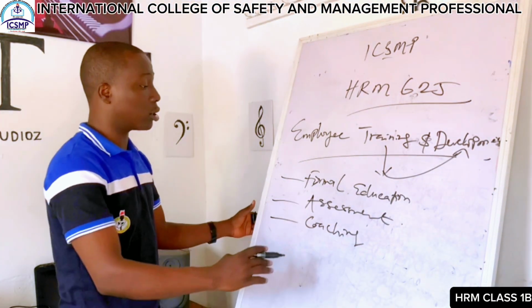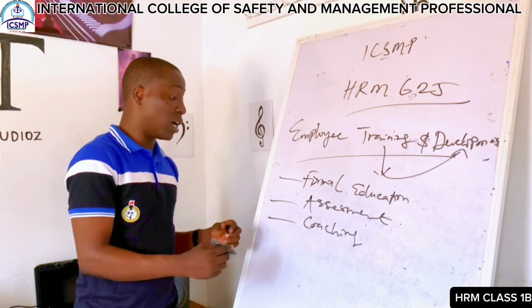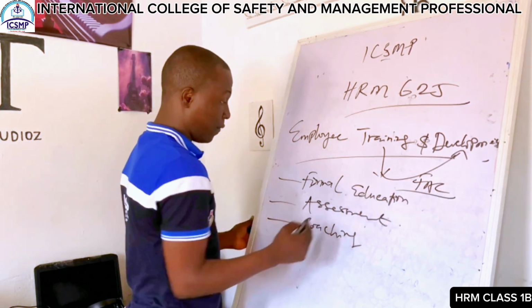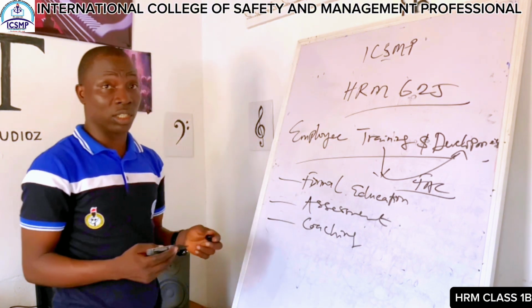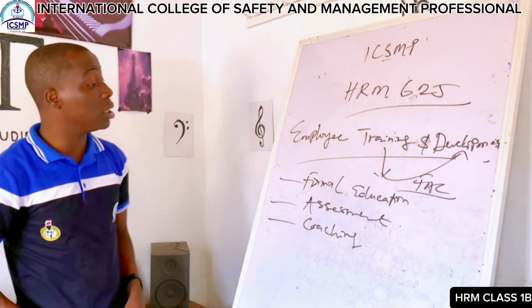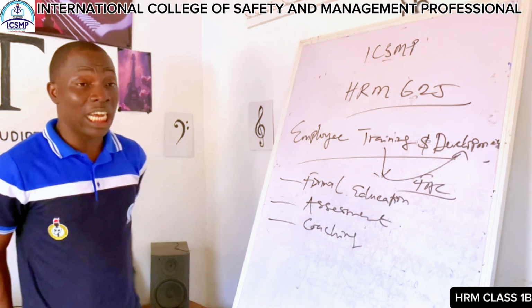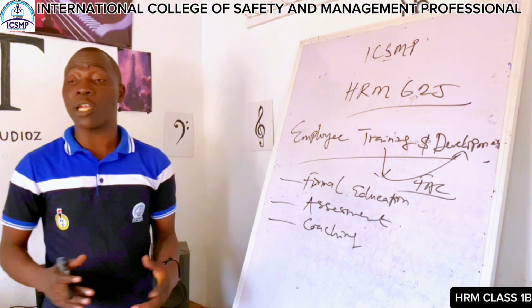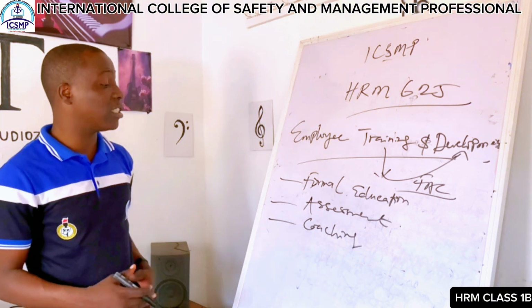We have formal education, we have assessment, and we have coaching. I call it FAC. This formal education is talking about training generally, academic training, professional training, and other training that are needed by an employee to get familiarized with the technical know-how and the technicalities involved in an organization.